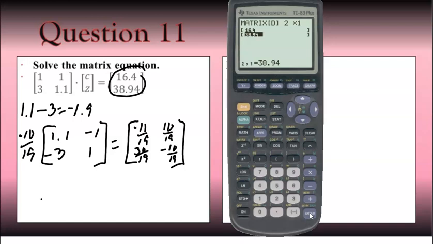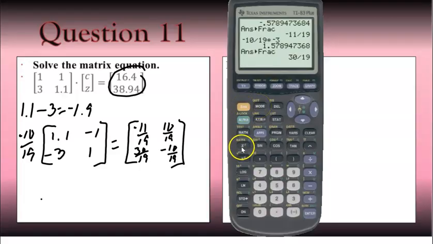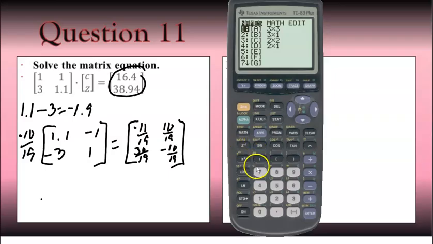Now for this one, if I now get out of here, second mode, then we go back in, second inverse, we have number 3. And we're going to multiply that by number 4. And here we have our answers of 11 and 5.4.